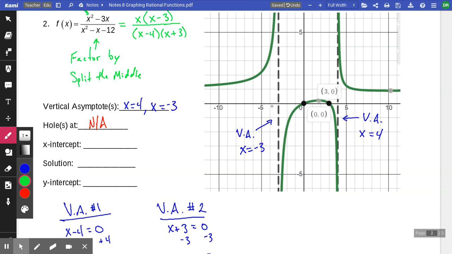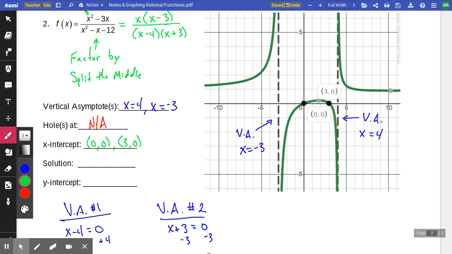X-intercepts, those are on the x-axis. Where do we have one? Looks like 0, 0 is one of them. And we have another at 3, 0. And there's no particular rule that I can give you right now as to how many x-intercepts you're going to have. That's a case-by-case basis.